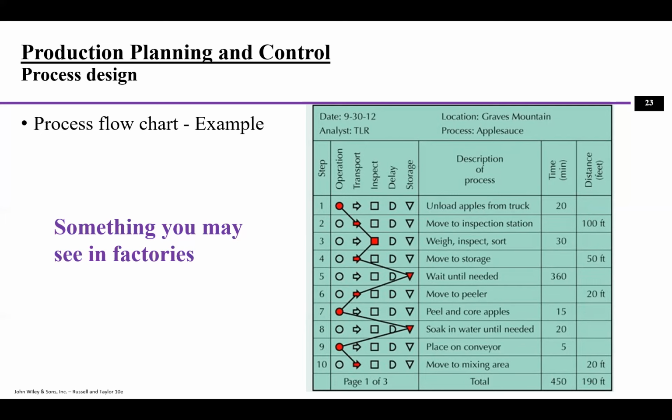And you can use arrows to connect all of those. On the right, you'll see descriptions of the process, including the time of the process, as well as the distance from one to another, or the distance of the travel. So this type of process flow chart is more common in a manufacturing shop floor.